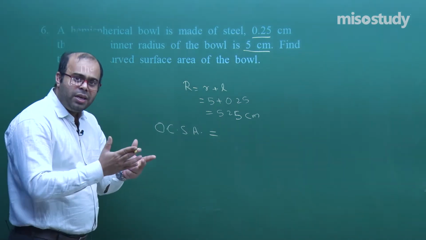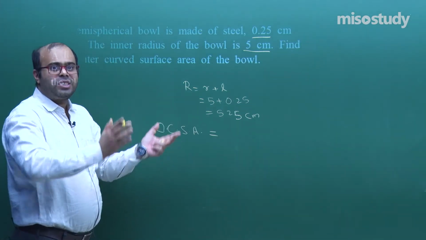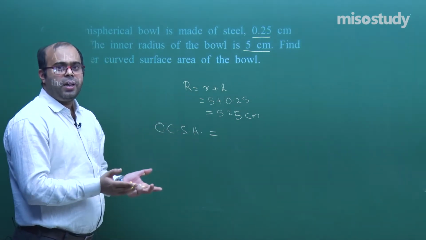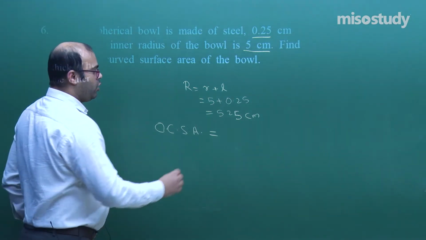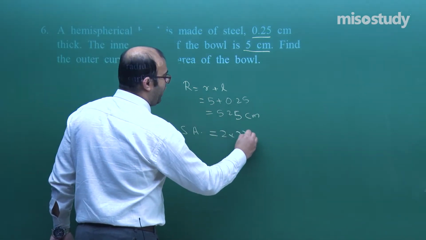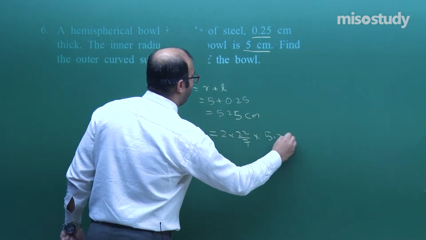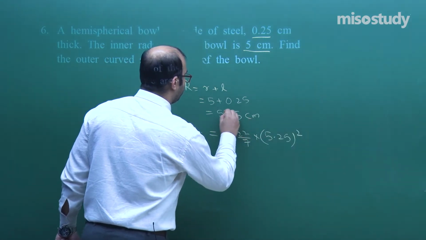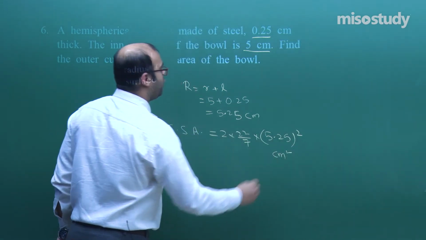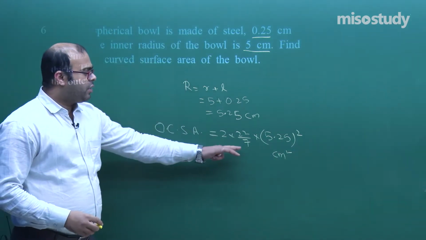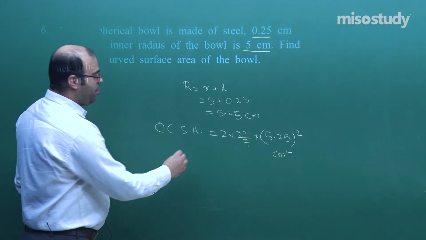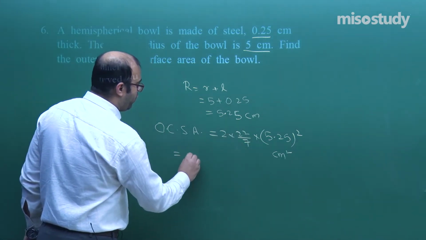So for a hemisphere, the curved surface area is 2 pi r square. So you will say 2 pi r square, which is actually 5.25 whole square. Centimeter square is the unit now. So we will calculate it and we will find the answer. Let us simplify it further. 2 into 22 is 44.